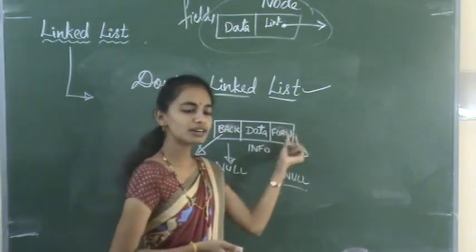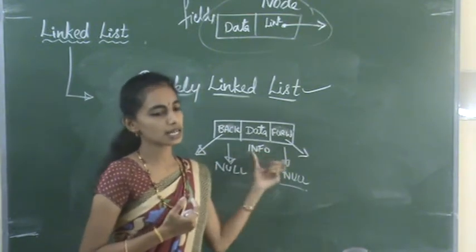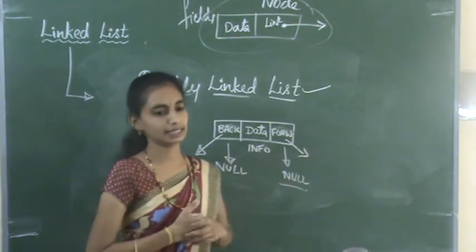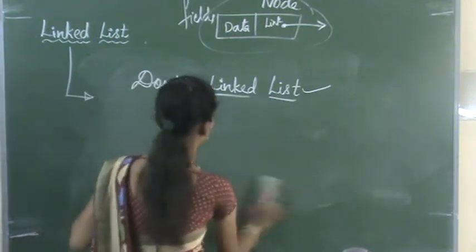If the forward field is null, that indicates that it is the last node of that linked list. So this will be represented like this.